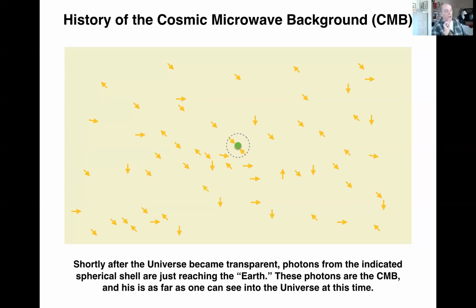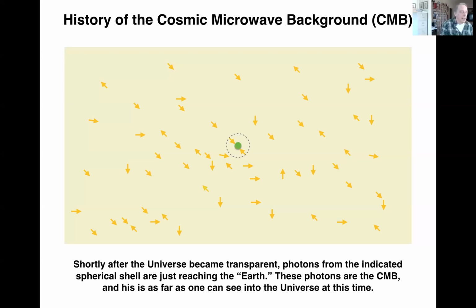That's just a reflection that the universe appears to be homogeneous and isotropic. It's the same everywhere and the same in every direction. So where that green circle is and that dashed circle is completely arbitrary. Put it anywhere and you get the same picture. That's a good point. Thanks. No problem.